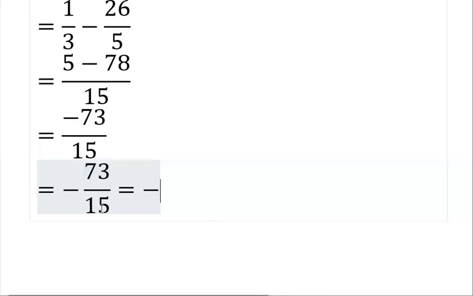How many times will 15 go in 73? It will go just 4 times. Because if you say 15 times 4, it's going to give you 60. So it will go 4 times. So 73 minus 60 will give you 13.